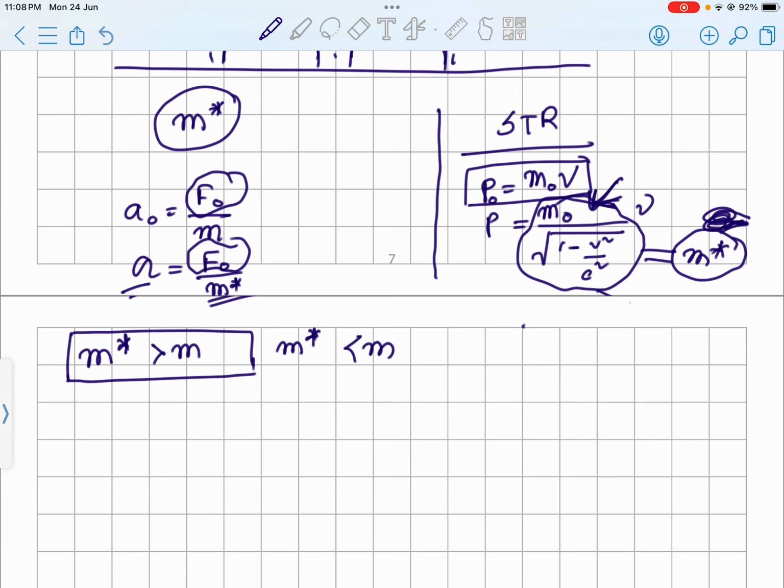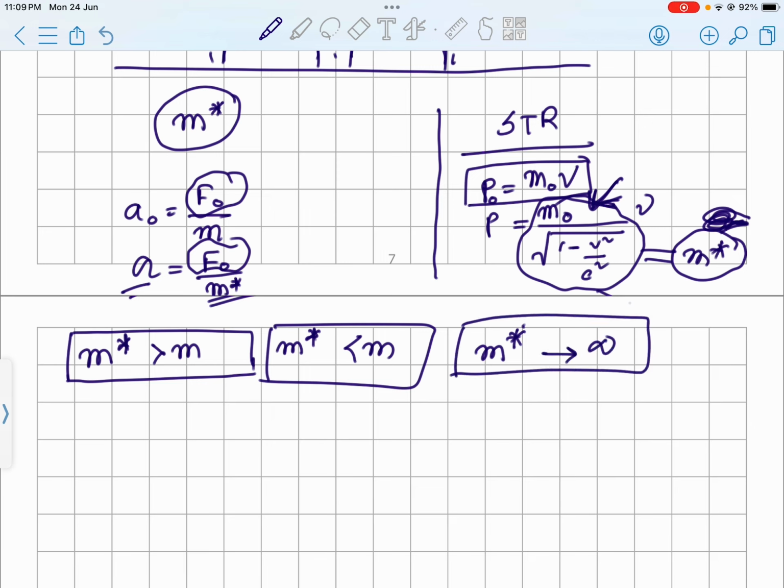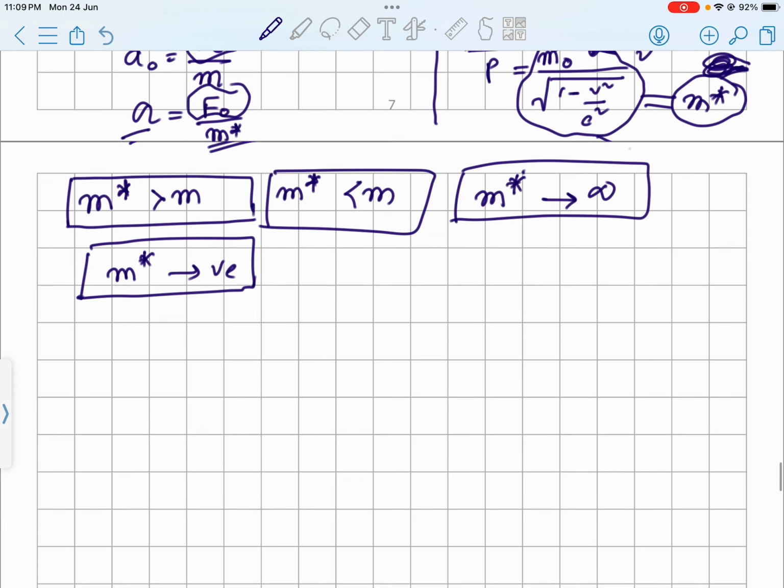It can also be infinite, and it can also be negative. Okay, now we'll see how this happens, and why this happens.